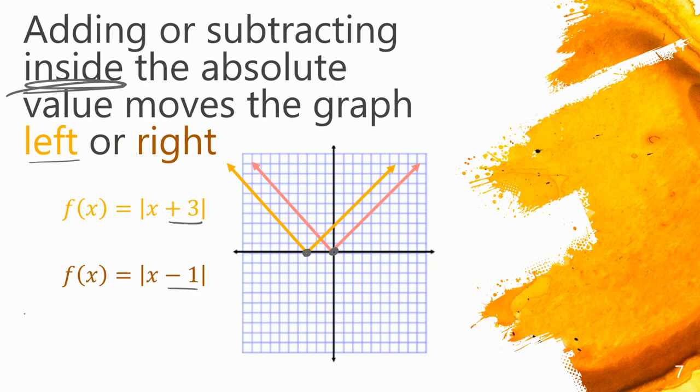This brown one here is minus 1, which means that I'm going to move to the right 1. So again, from that parent function of the pink, we've now moved right 1 to get that brown one. So adding or subtracting inside the absolute value will move the graph left or right, but it is the opposite. So minus moves the graph right, and plus moves the graph left.